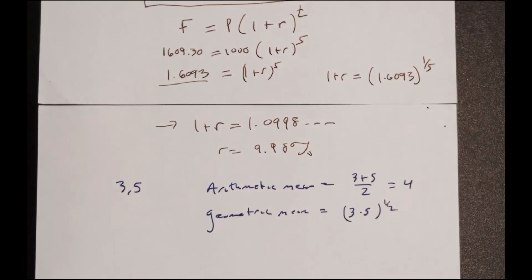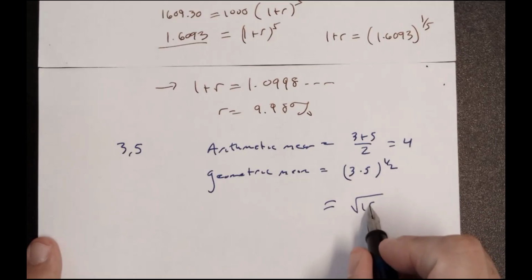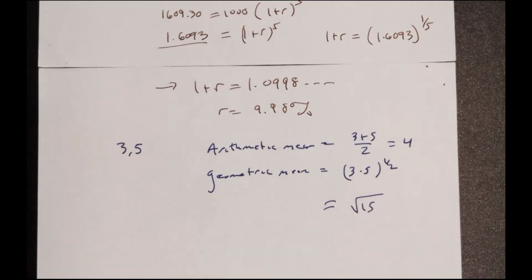I multiply them, and I take the 1/2 power, the square root. So the geometric mean would be the square root of 15. Somebody give me a decimal.